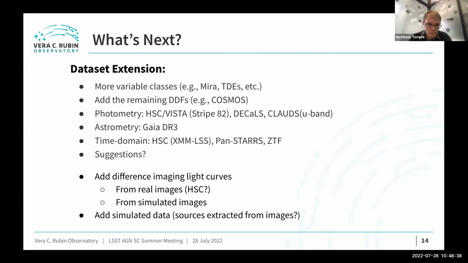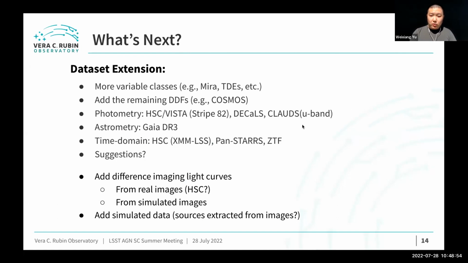Yeah, so what's next? Presumably we can have some funding, then there are a lot of things we can do to extend the data sets, including more data sets that have just recently been made publicly available, and also deeper data from HSC.